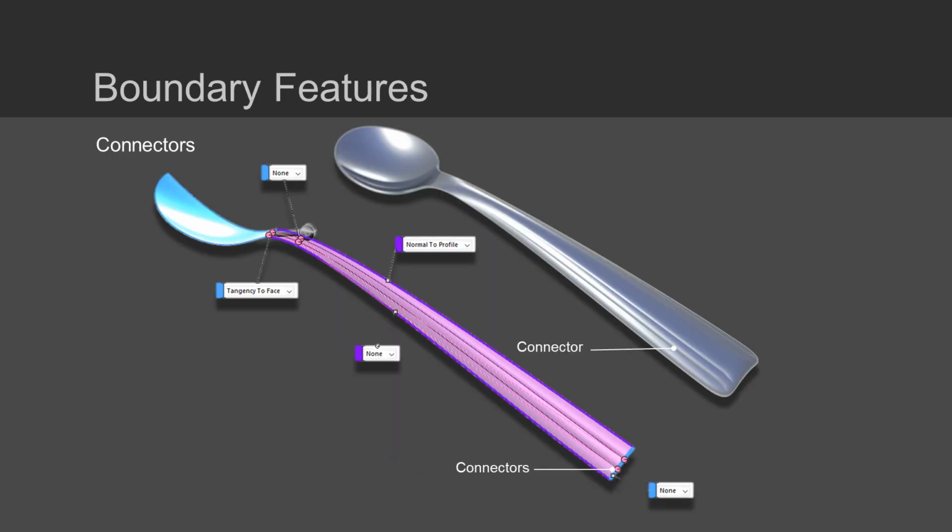Another important feature of Boundary are connectors. Now, Loft has connectors, but they're only in the profile direction. They aren't in both the profile and guide curve direction. With Boundary, you have connectors that you can define in both directions. And they generally work better in Boundary. They're a little bit more thought out there.